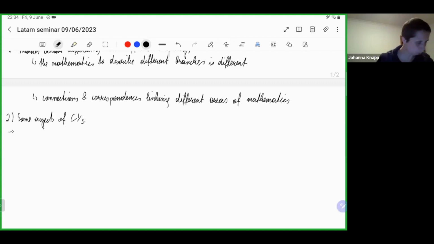But I want to focus on those statements which will reappear in the context of GLSM. So the first thing we need, or some of you may already know, is what is a Calabi-Yau? And my answer to this question is it depends on who you ask.